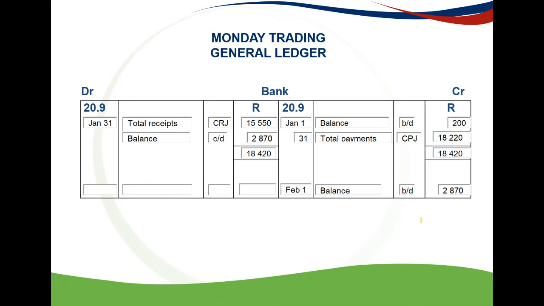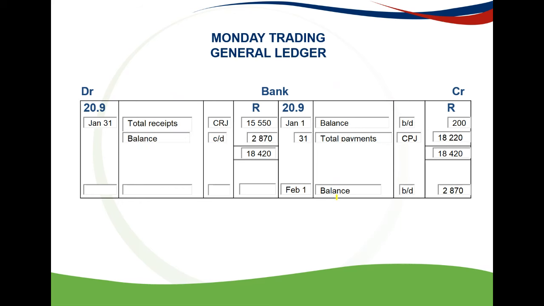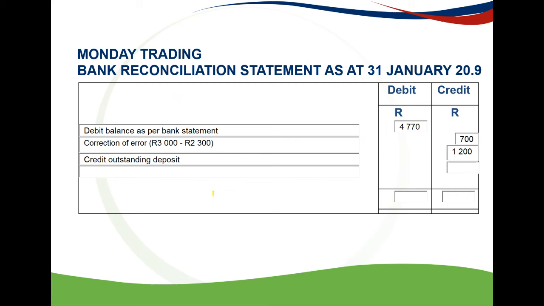Then we can just bring in our balance as per the bank account, and that we said is going to be a credit of 2,870. So it's my credit balance as per bank account, my unfavorable balance, and that is my 2,870.